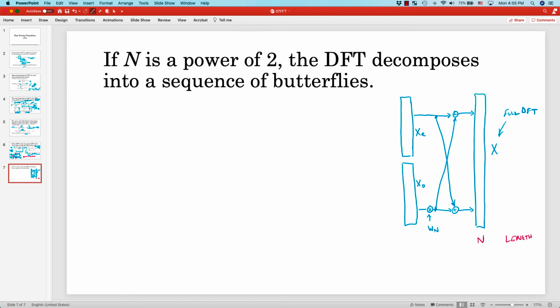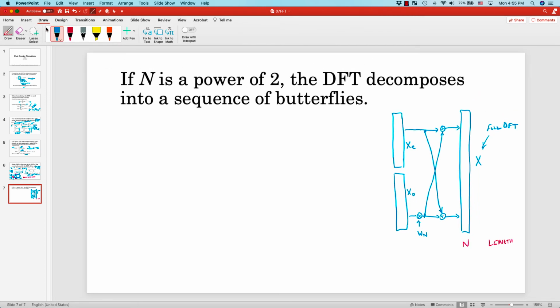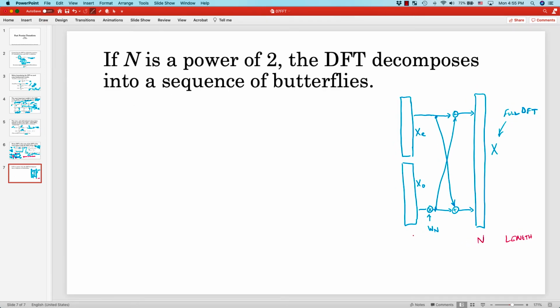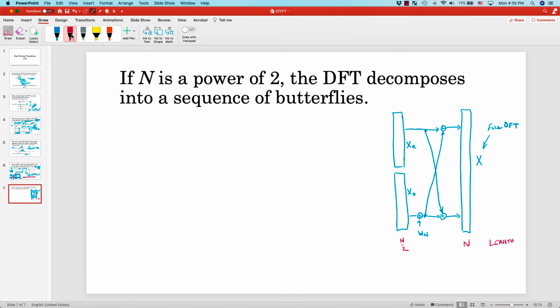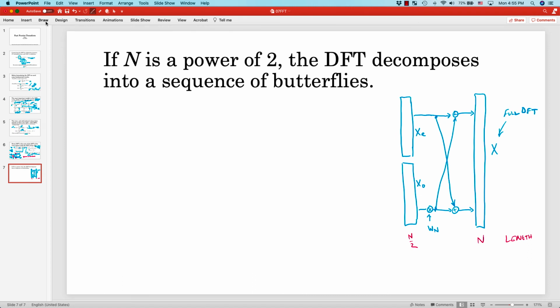And we're going to do that because there is a recursion to be found here. Because when we have shrunk our length by a factor of 2, what we're left with are simply two DFT problems, right?